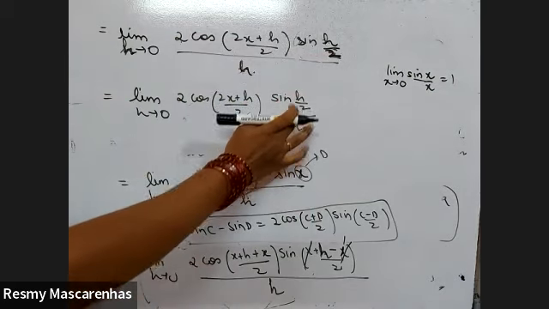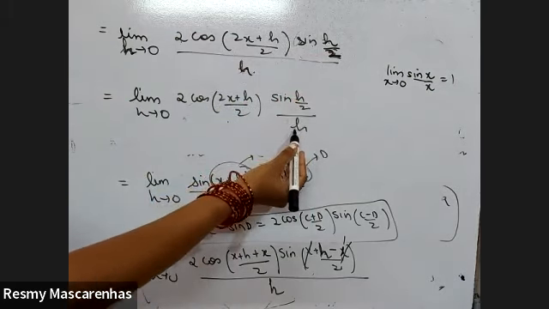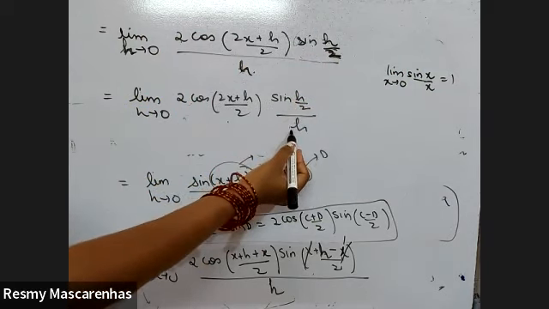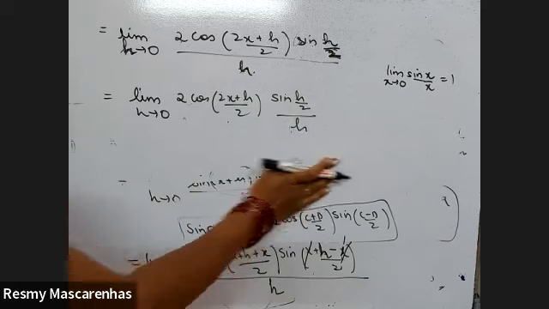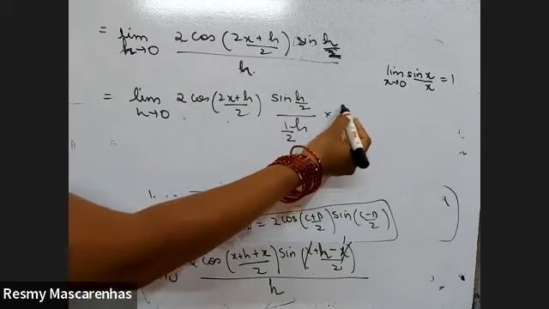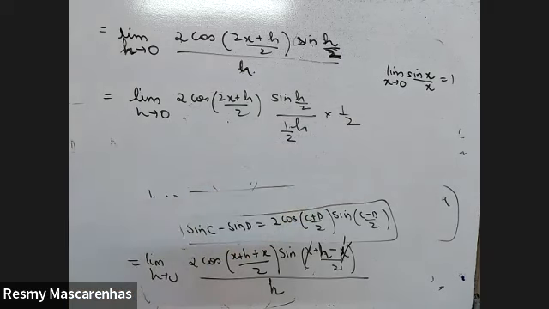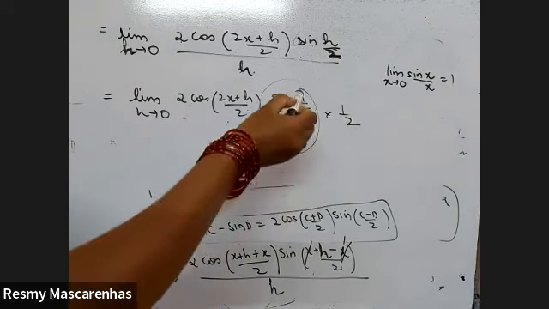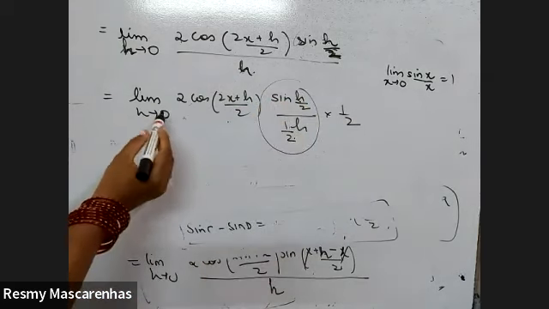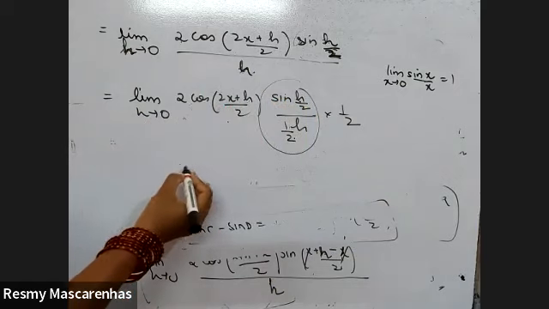Now just try to match the same thing. h by 2 should be there. If it balances, sine of anything upon the same thing, the denominator value is 1. So I need to make it half. Multiply it by half, so that it comes in this form. This upon this is equal to 1. And now wherever there is h, put 0.